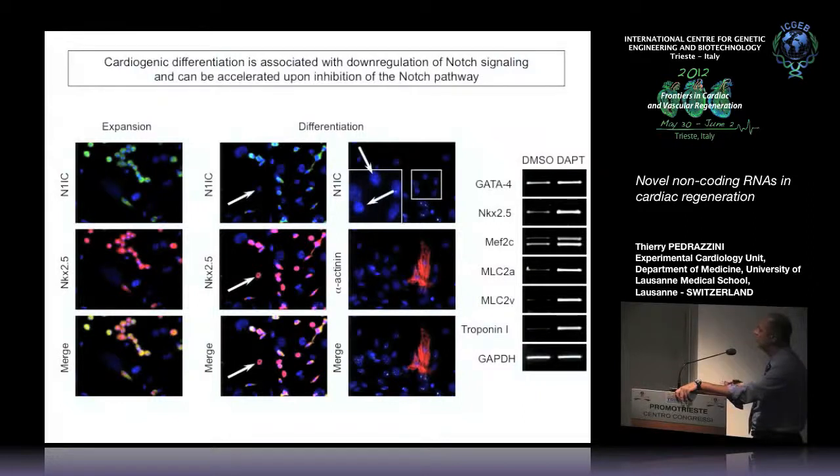And at the end, you again obtain cardiomyocytes that essentially are Notch signaling negative. Interestingly, if you culture the cells with an inhibitor of Notch, then you accelerate the process of differentiation. So again, it seems that Notch is rather inhibitory for cardiogenesis and more promotes the proliferation of undifferentiated cells.